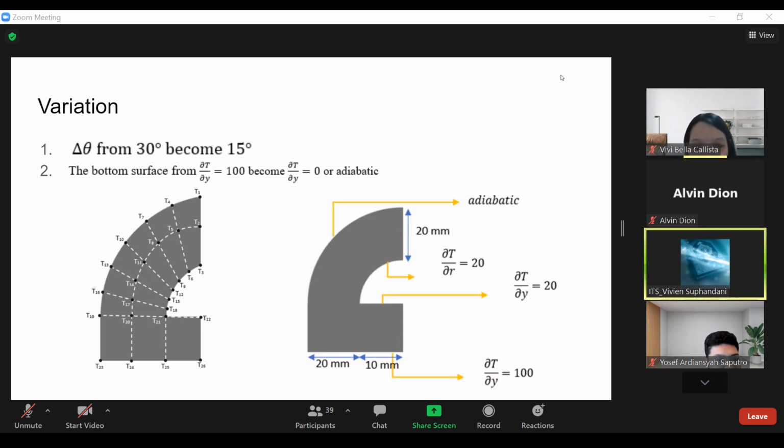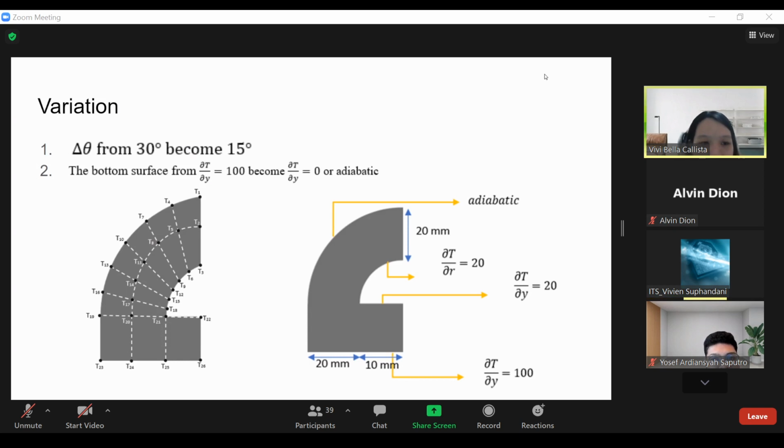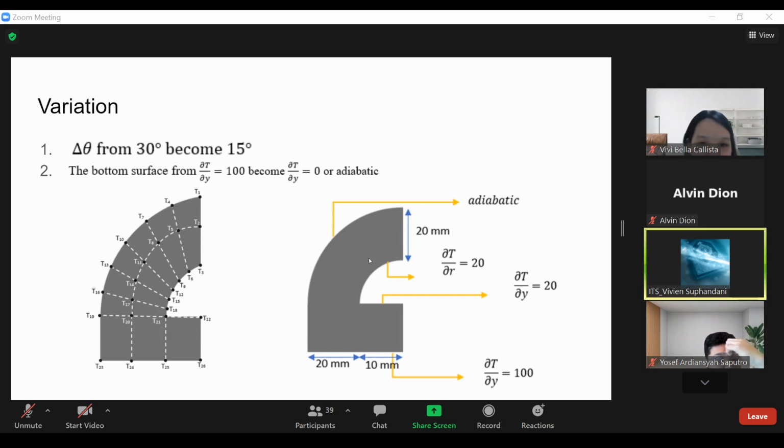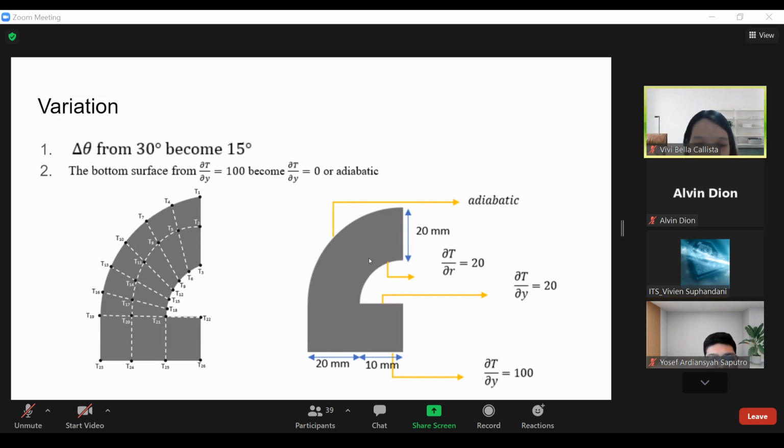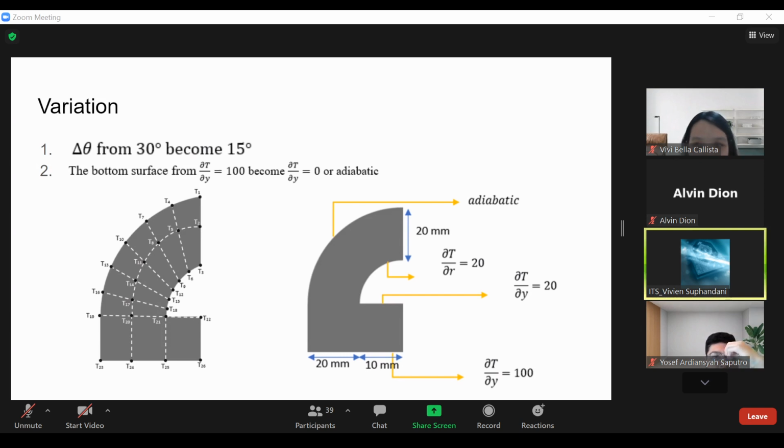Okay, so you use adiabatic on the top and on the bottom, and do you have heat generation here? No, we don't, ma'am. And the problem is in variation 1 when we change the 30 degree to 15. Yeah. You must be careful when doing discretization and how you treat the interface between that.